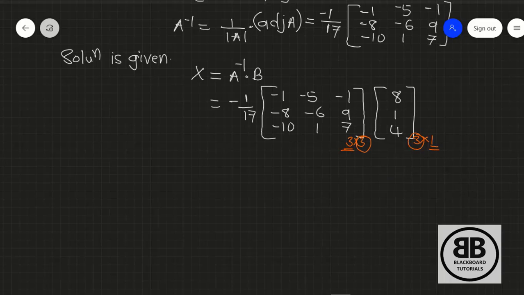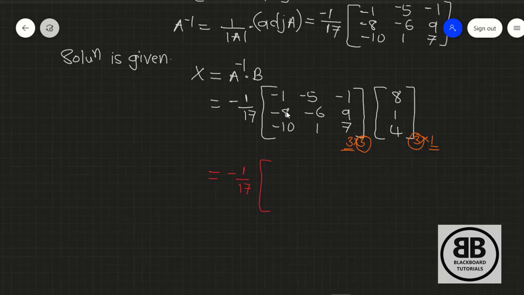So it is given by, it is equal to minus 1 by 17. So the resultant matrix will be of order 3 by 1, means 3 rows and 1 column.